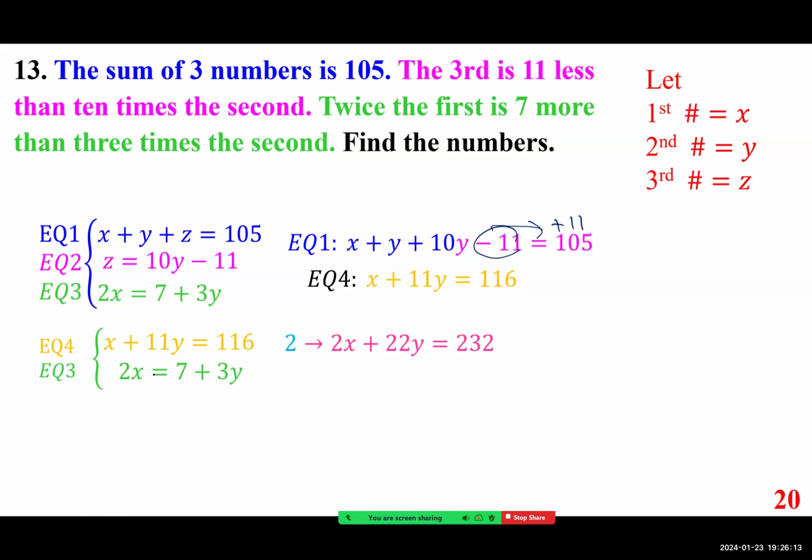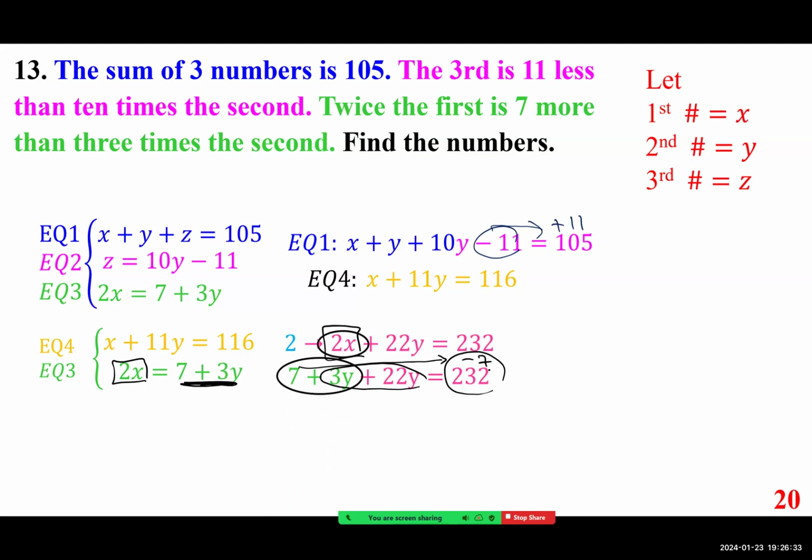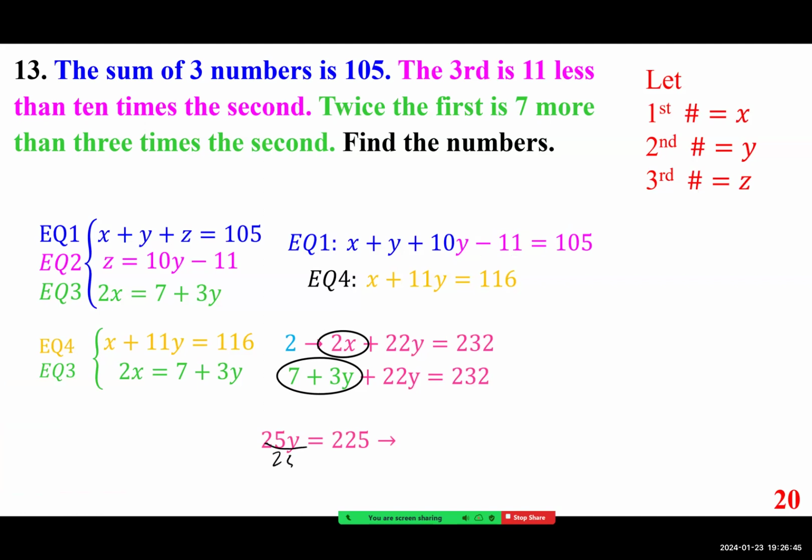I can replace the 2x with this. When I do that, these two combine into 25y. 7 gets subtracted from 232 gives me 225. So you see these two are the same, everybody? These two are the same, 2x and 7 plus 3y. And now I'm going to divide by 25, and I get y equals 9.